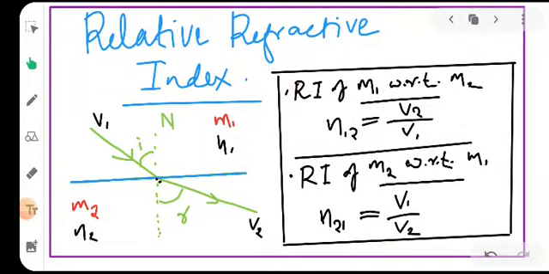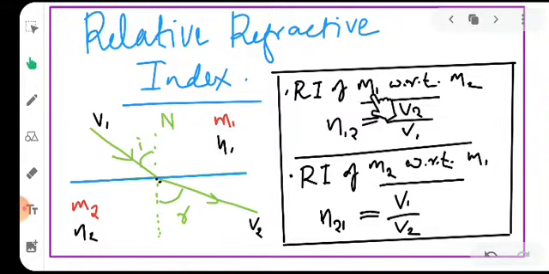Then we have the relative refractive index, where you define the refractive index of one material with respect to another transparent material. As you can see here, the relative refractive index of, say, one material, we call it M1, and another material, say we call it M2, can be defined in this manner.